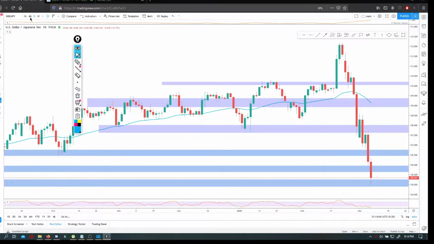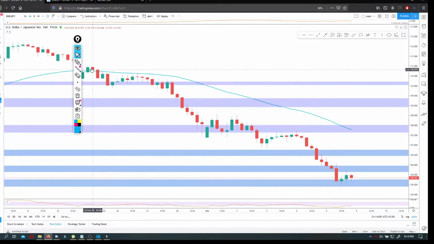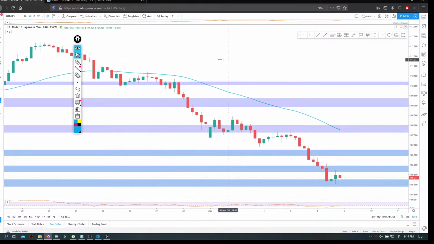Now if we go to our 4-hour chart, we can see that in the last weekly analysis video I shared that in 4 hours it is making a pin bar kind of pattern, and it has a good influence of going up. I also said that if this pair breaks this zone and retests this zone, I'm going to take a sell trade from here.